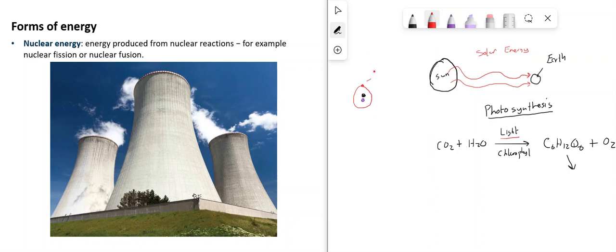So you have the electron, you have the proton, and in some forms you have the neutron. This here is the nucleus of the atom, and this is where nuclear comes from. Nuclear energy has to do with the nucleus of atoms.